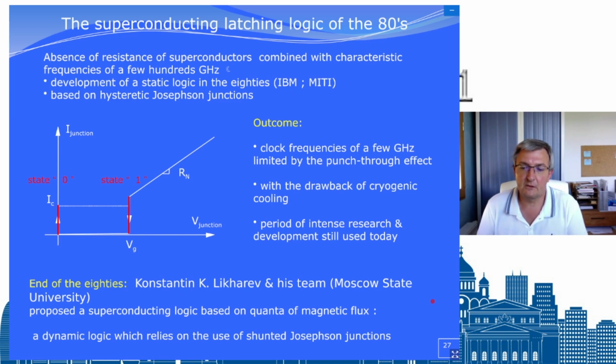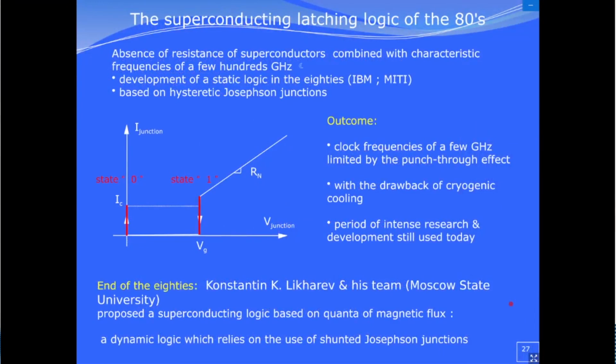And the history of this logic was in fact to mimic semiconductors. Very simple. You see the IV curve. I'm not talking about purely Josephson current, Cooper pair currents, but about the full IV curve of the Josephson junction, where you have 2 branches, right? One at 0 voltage, which is a Cooper pair current.